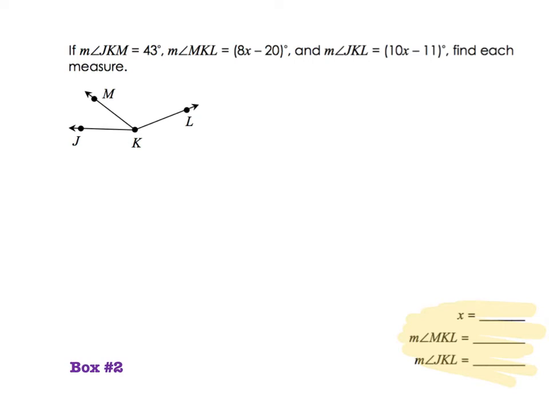We have this measurement here, which happens to be the measurement of angle JKM, plus this measurement here, the measurement of angle MKL, is equal to the whole thing, which happens to be the measurement of angle JKL.